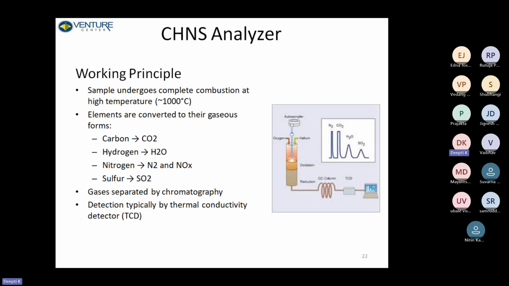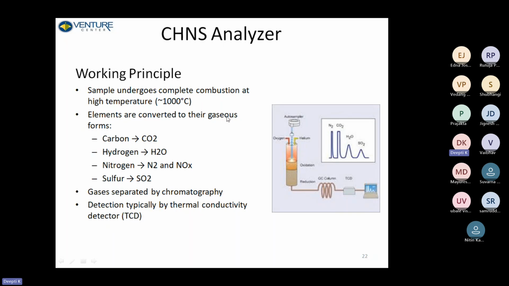Then coming to a CHNS analyzer, as the name suggests, a CHNS analyzer will determine carbon, hydrogen, nitrogen, and sulfur present in the sample. These four are usually not measured routinely using any other technique. For an ICP-OES or an MP-AES, usually we do not measure CHNS.